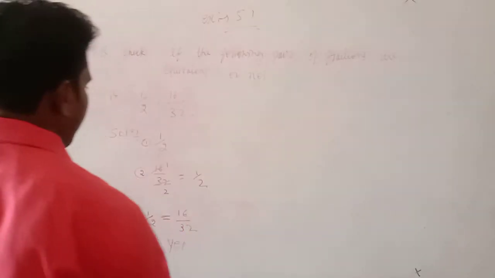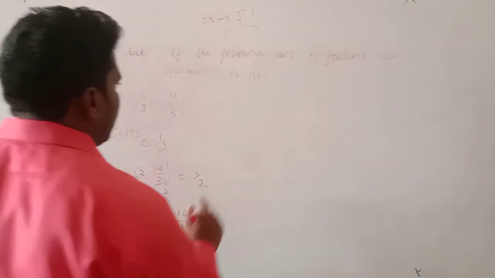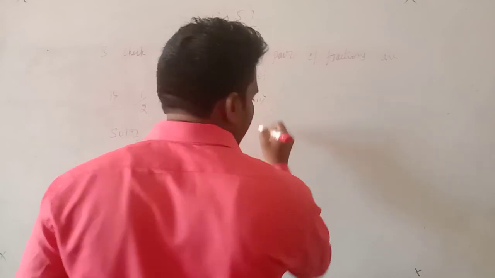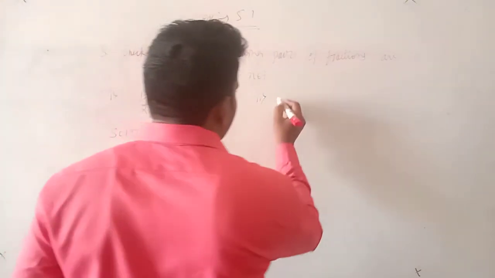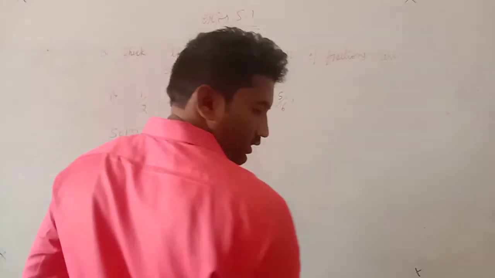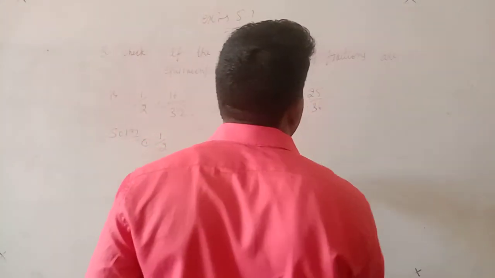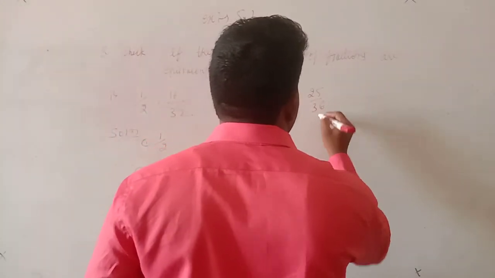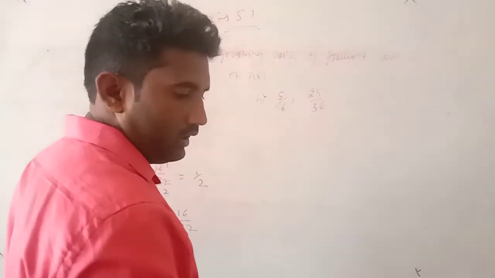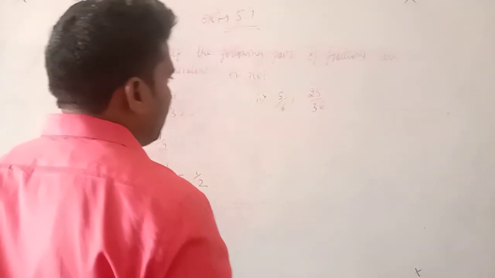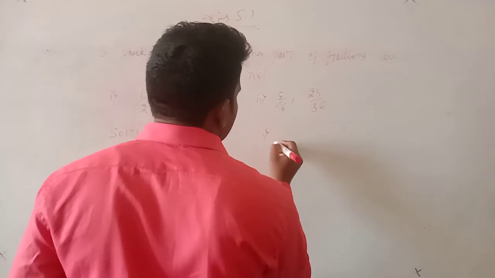Now I am solving the second one. What is the second one? 5 by 6 and 25 by 36. Check now.